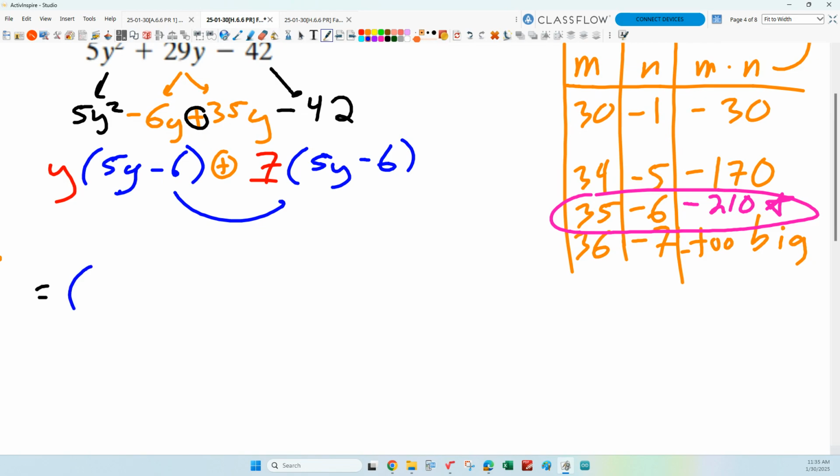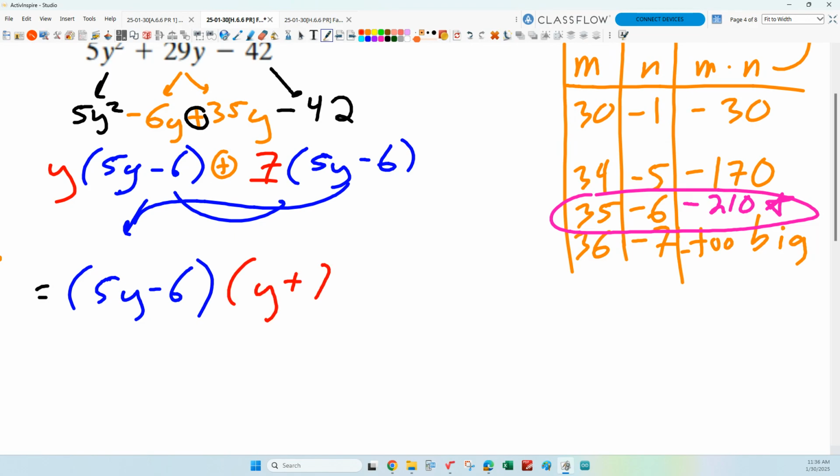There we go. Good. We'll factor out the 5y minus 6, which leaves behind y plus 7. Good. We done?